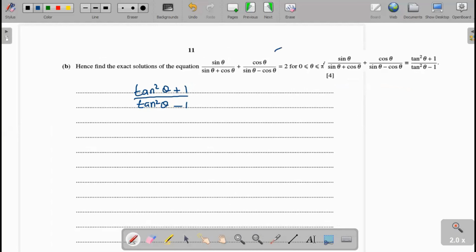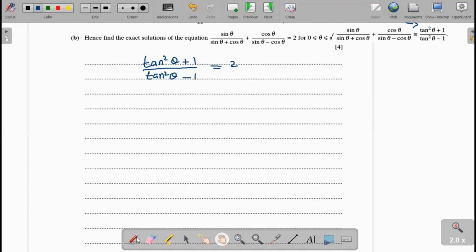Now you see here this is the value. Now we simplify it. Tan square theta plus 1 equal to 2 times tan square theta minus 2. Now 2 tan square theta minus tan square theta equal to 1 plus 2, which is 3.